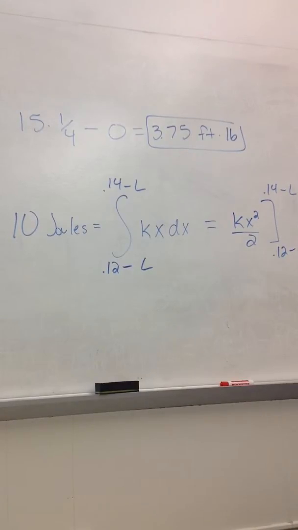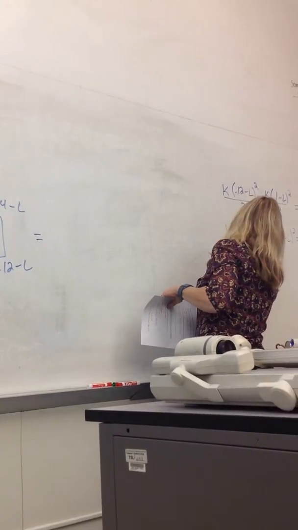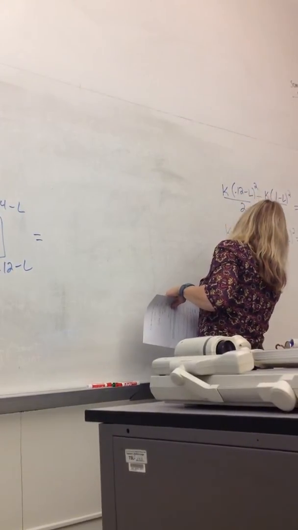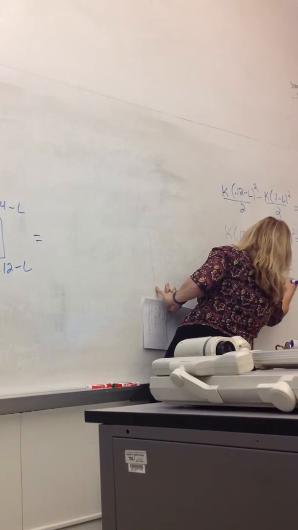We will get a second equation. I'll just write it over here so we have them together. So I'm plugging the upper limit in there, so I get 0.14 minus L squared over 2 minus 0.12 minus L squared over 2.